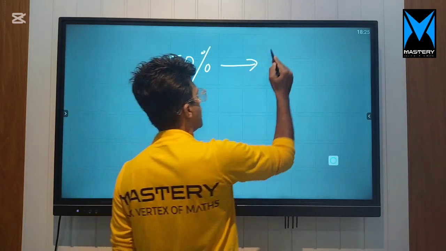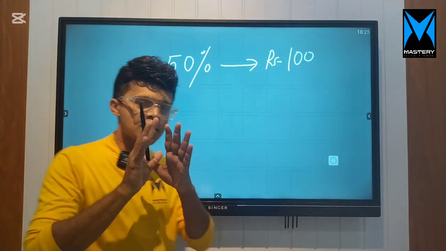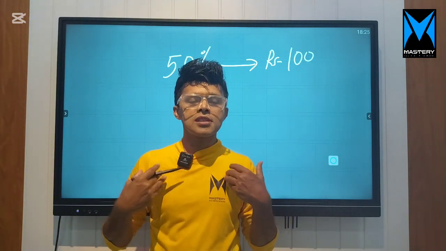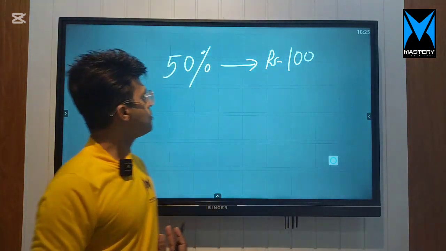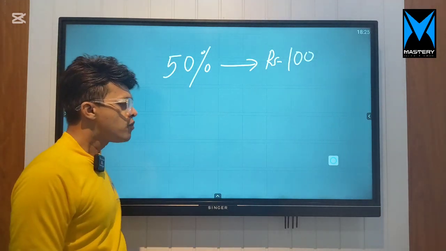I got a certain amount of money, and I'm telling you that 50% of that amount means 100 rupees. What is the full amount?